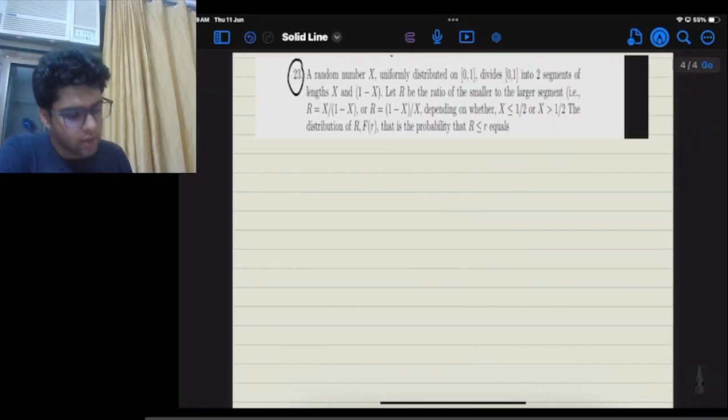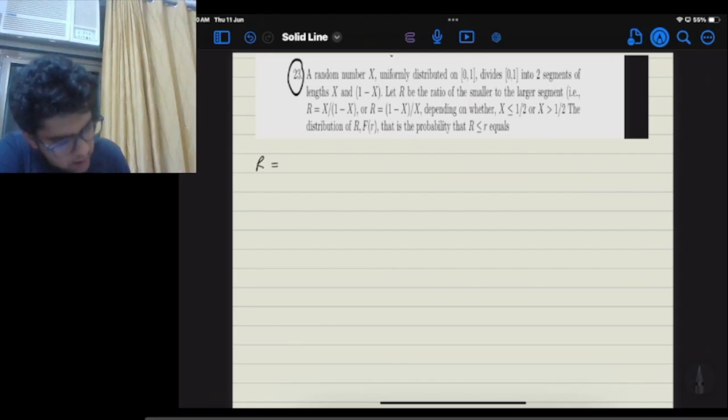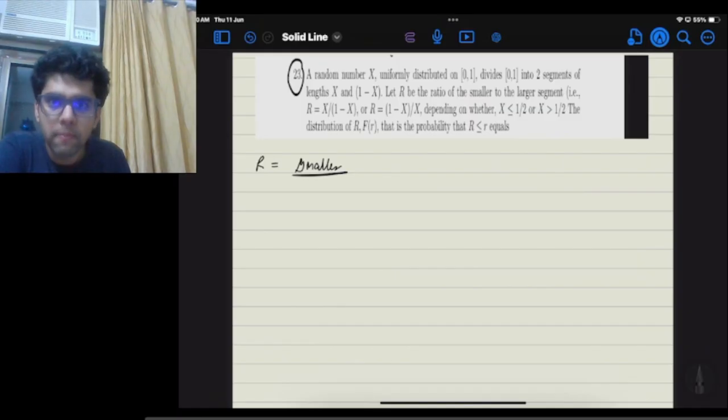The first question says that a random number x, uniformly distributed on 0 to 1, divides 0 to 1 into two segments of lengths x and 1 minus x. Let r be the ratio of the smaller to the larger segment, where r is given as the smaller divided by the larger segment.